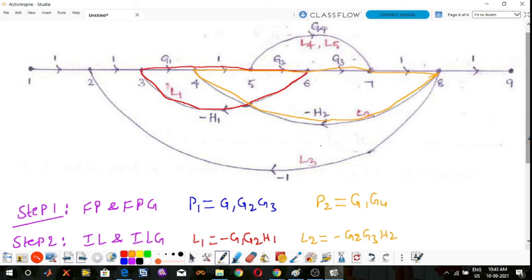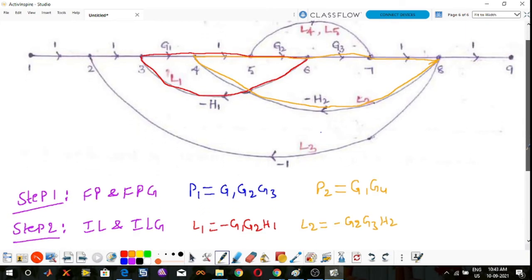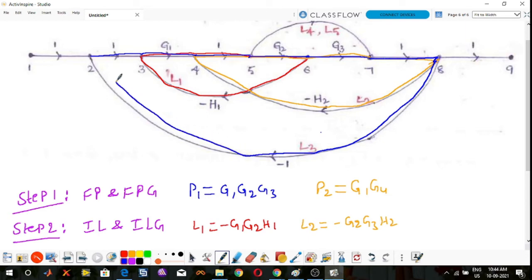Next, identify the third individual loop. The third individual loop is 2 to 3, 3 to 4, 4 to 5, 5 to 6, 6 to 7, 7 to 8, 8 to 2.